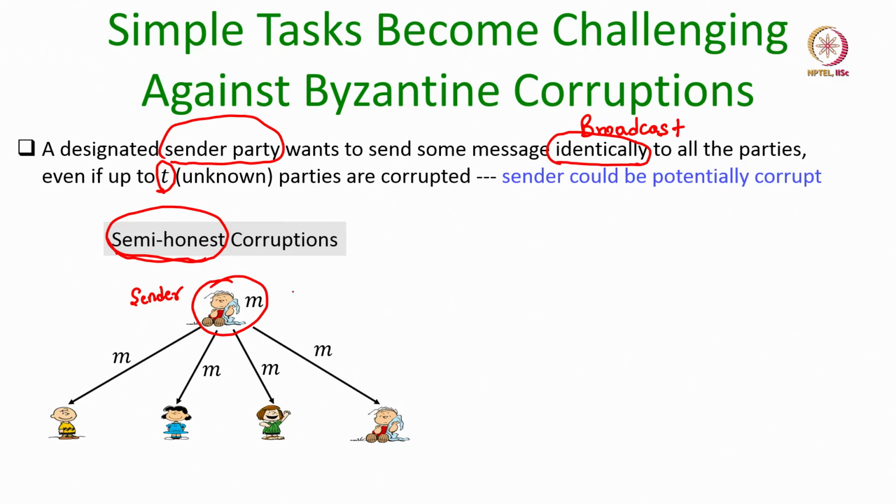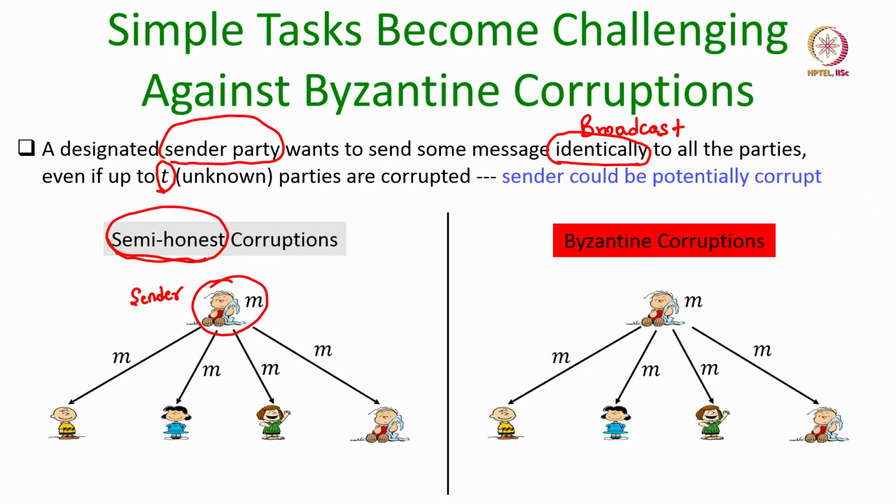So, the semi honest sender or potentially semi honest sender cannot deviate from that protocol instruction, it will send the same copy of its message to everyone else.